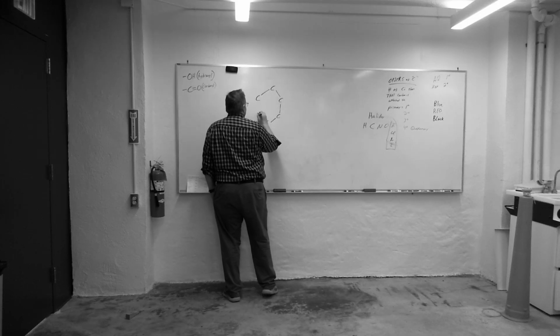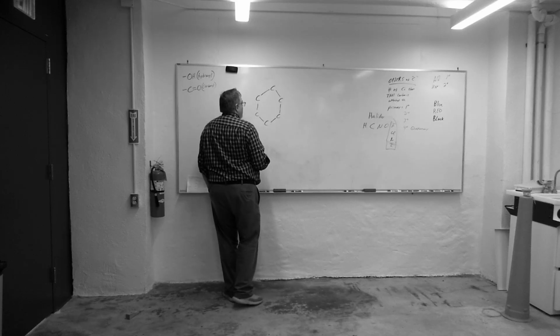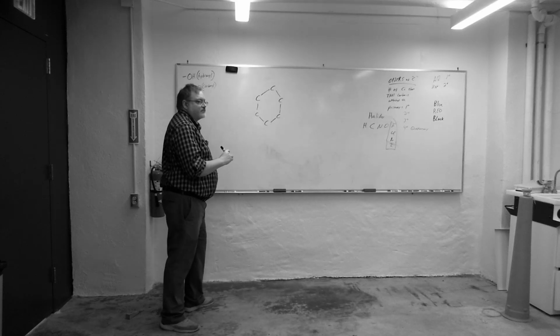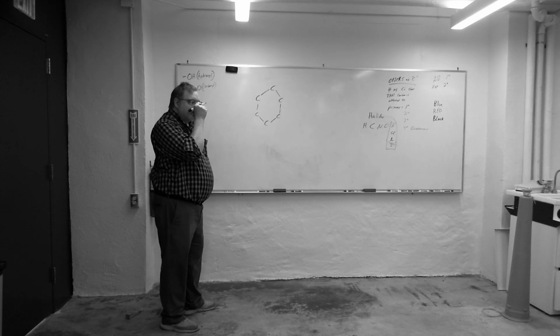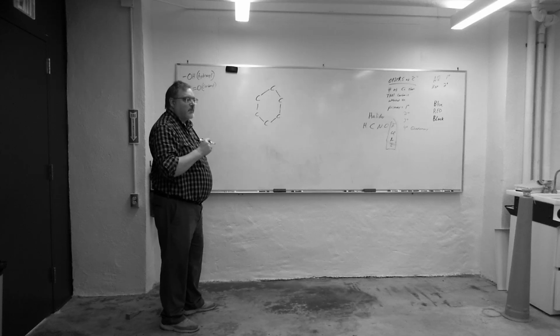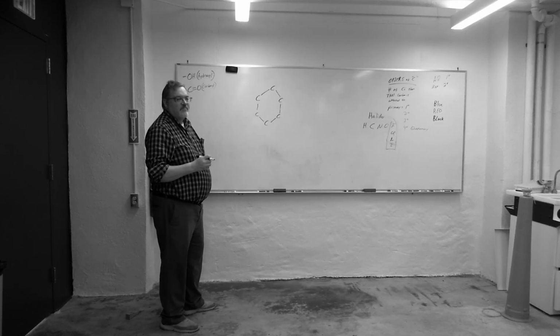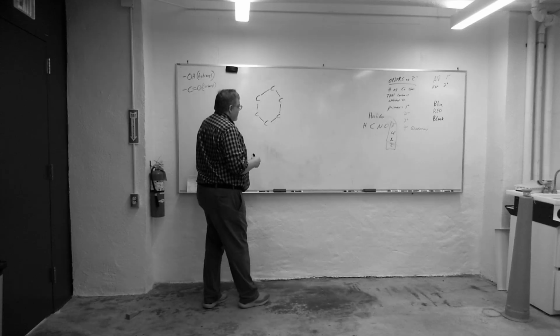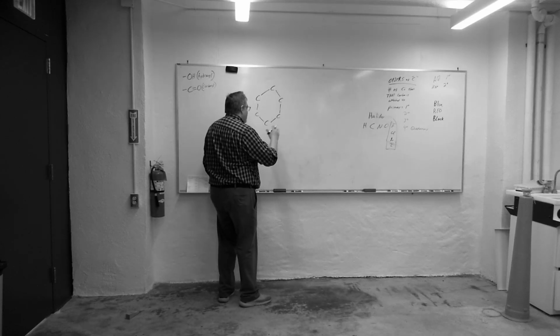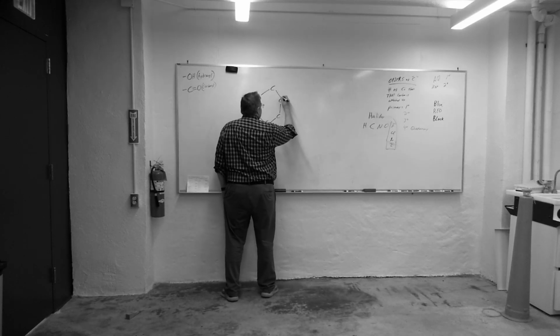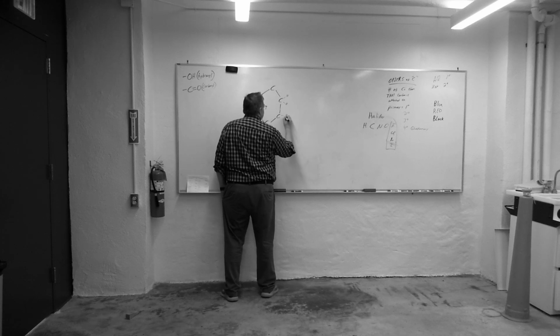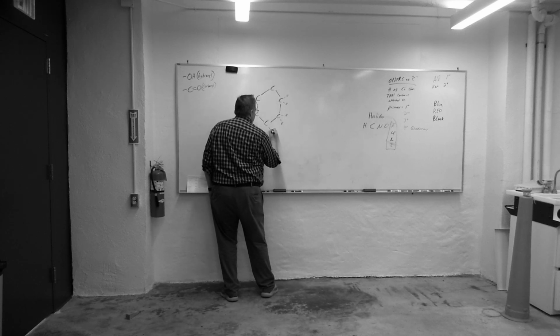It is very common for carbon to make a ring like this. Have you ever seen this before? The 6-membered ring for carbon? Very common. If you took chemistry in high school, this would definitely come up. So carbon with 2 bonds, I can go hydrogen, hydrogen, hydrogen, hydrogen, hydrogen.